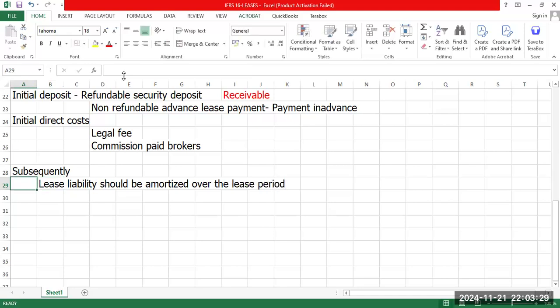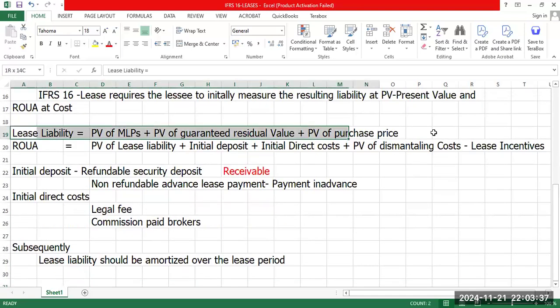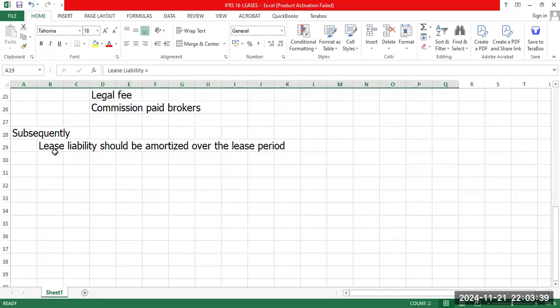This was initial recognition, but subsequently you should amortize. The lease liability should be amortized over the lease period. You should distribute the liability over the lease period.